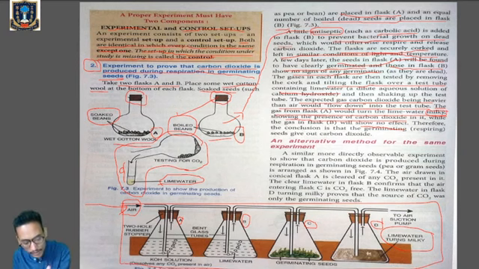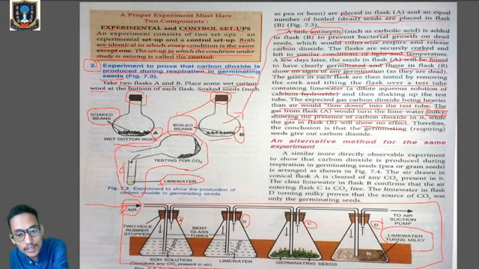And when that air moves from B to C, C contains germinating seeds. Now from C, the air moves into conical flask D, which contains lime water.